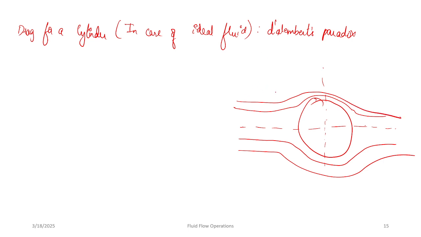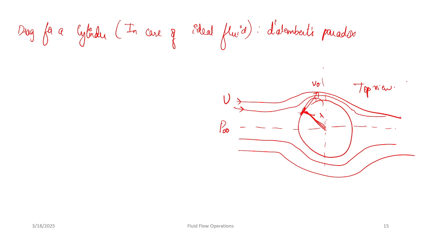Okay. So again, there will be a force acting in the perpendicular direction, right? So let's say this is the radius R, and this is velocity U, the velocity of the flow stream, that is U, and this is P infinite. Okay, this is going to be the top view.